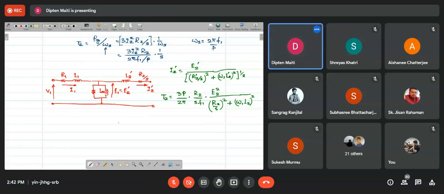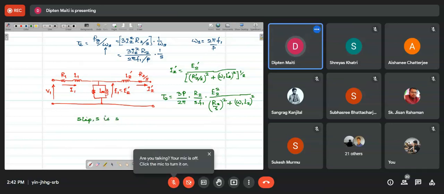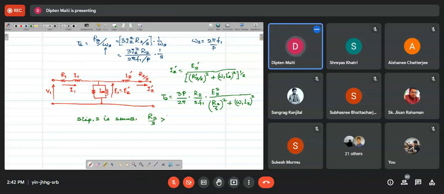Now let's restrict ourselves to a special case where the slip is very small. So if the slip s is small, in that case we can write R2 by s is greater than omega 1 L2.